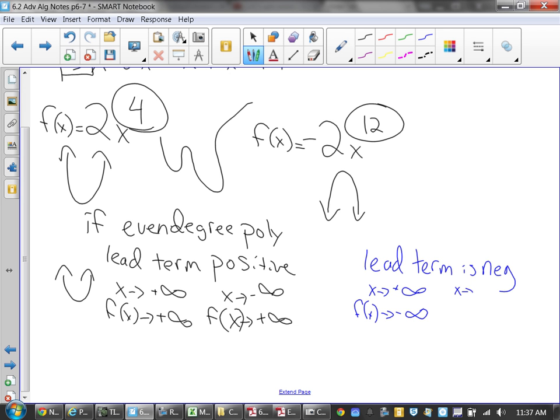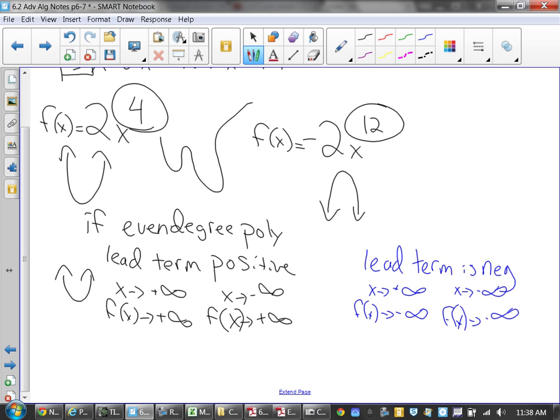As x approaches negative infinity, f of x is going to approach negative infinity as well. It's still the same thing. First term positive, first term negative.